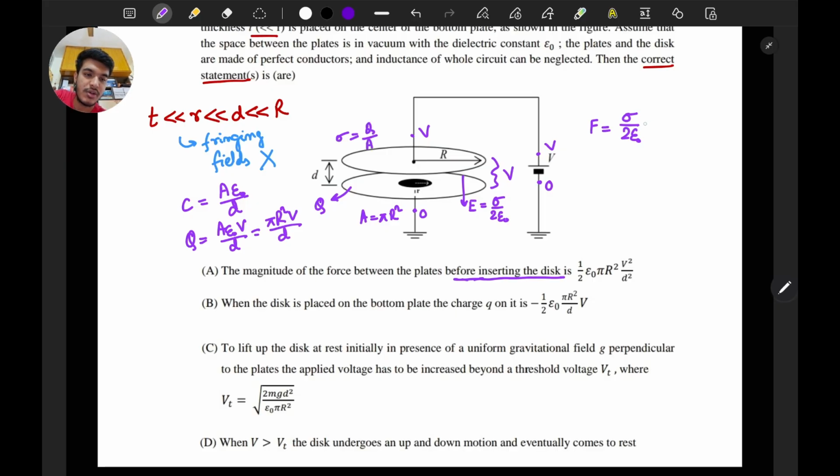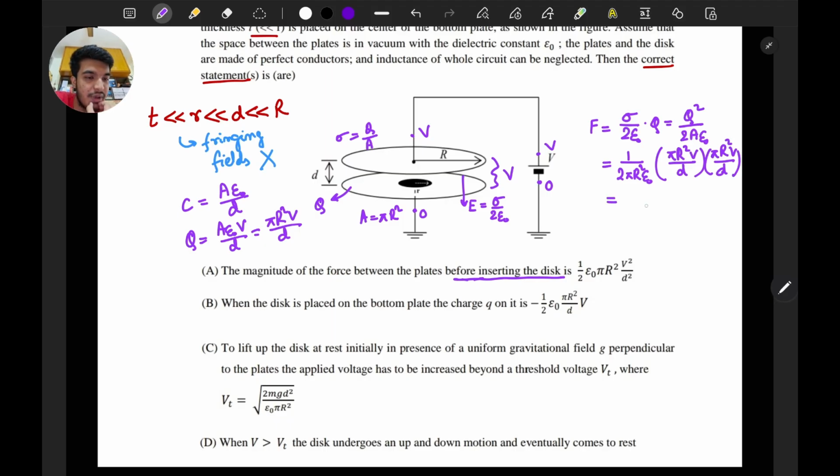So sigma by 2 epsilon naught into q, so it would be q square by 2 A epsilon naught. So if I write this, it would be 1 by 2 pi R square epsilon naught into pi R square epsilon naught V by d into pi R square epsilon naught V by d.